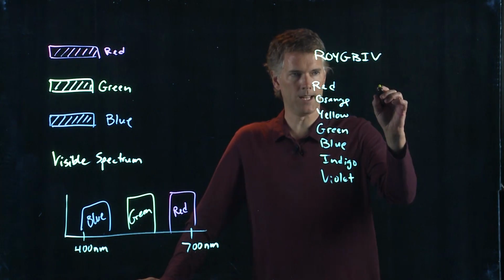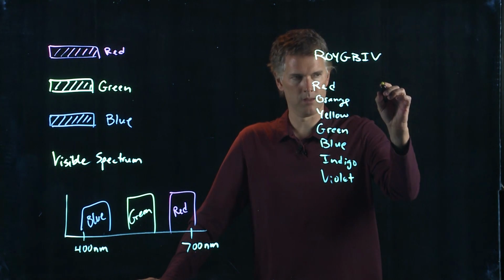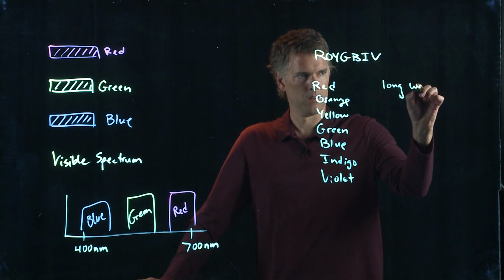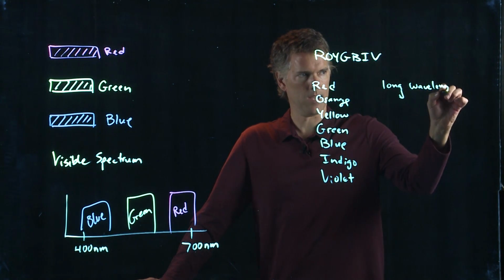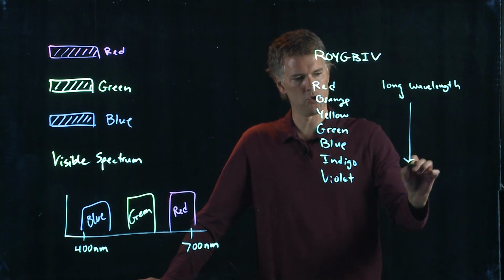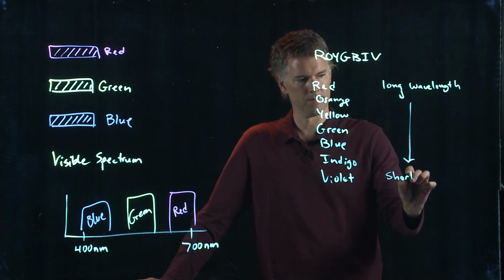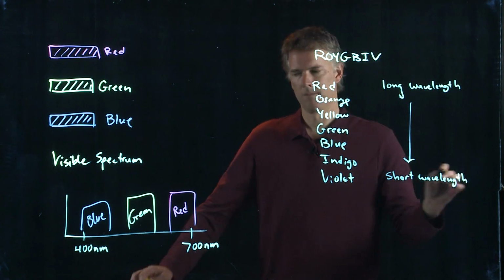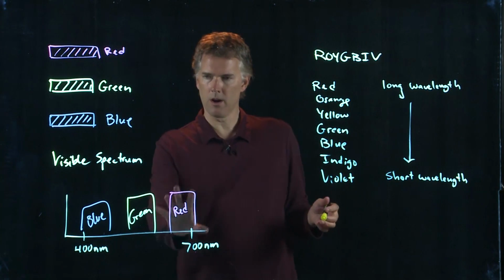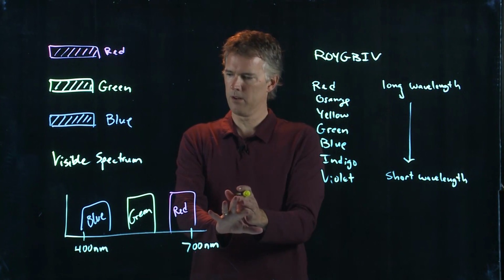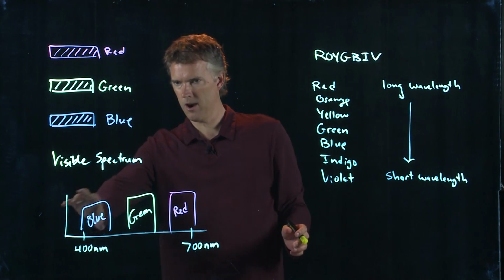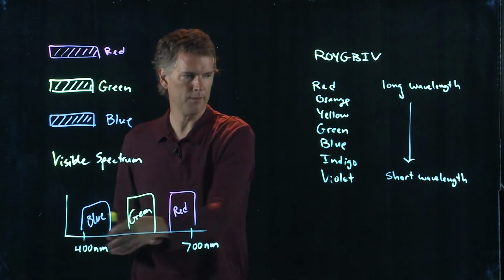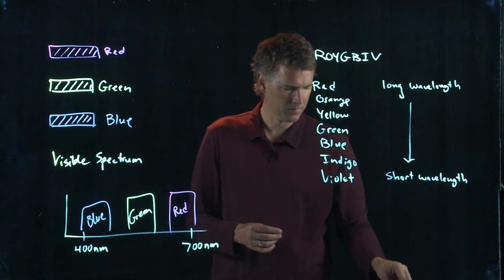Okay, red is long wavelength. And violet is short wavelength. Okay, so reds are up here in the 600 to 700 range. Blues are down there in the 400 to 500 range. Okay, and then in between, you have all these different colors.